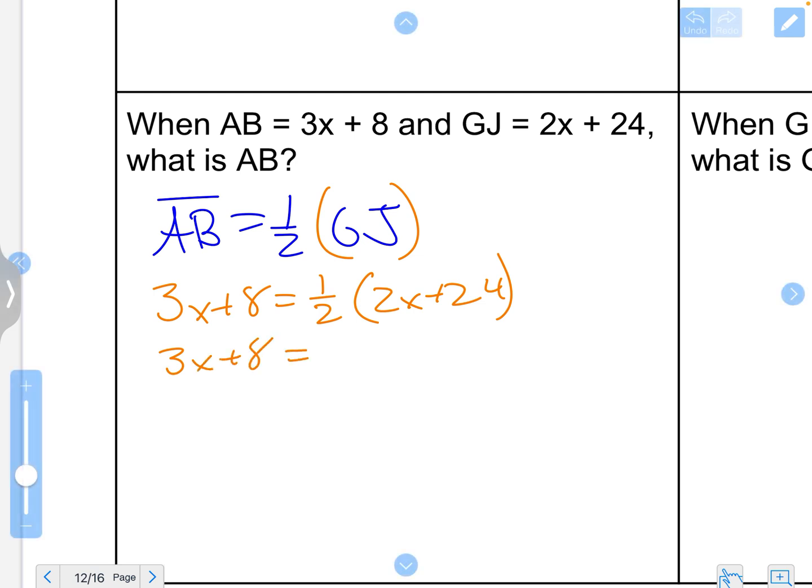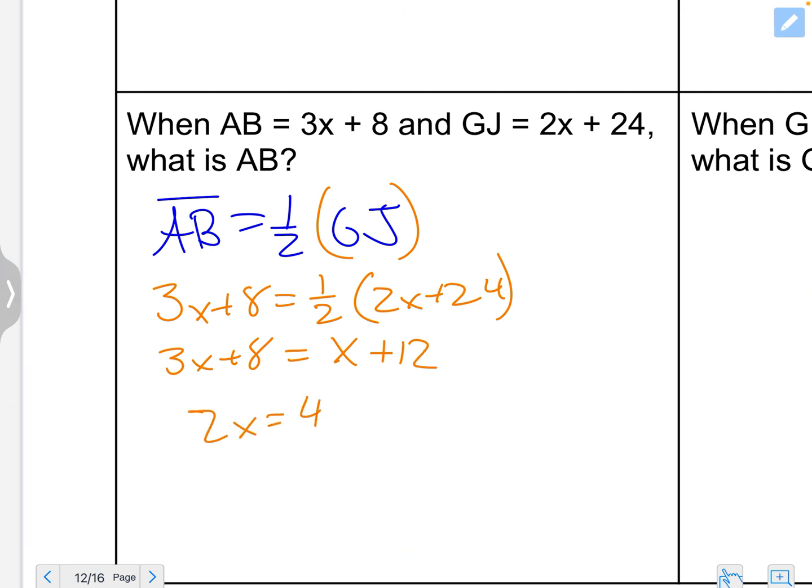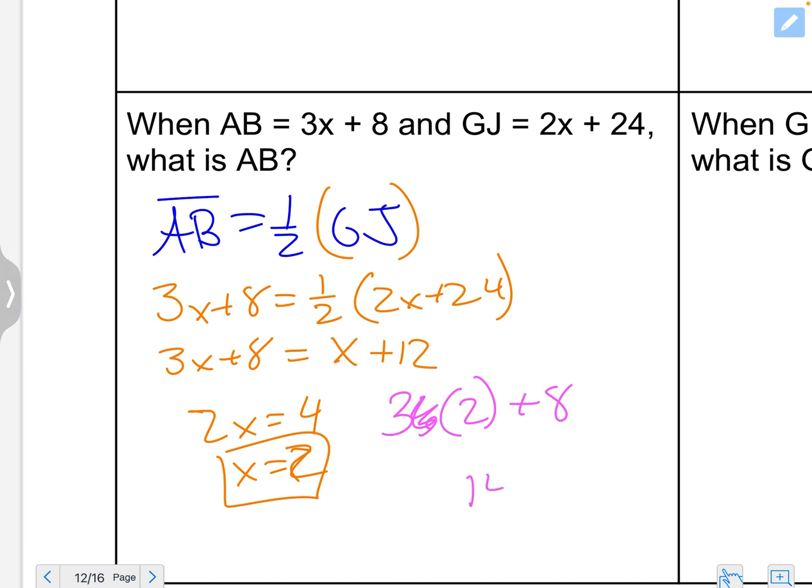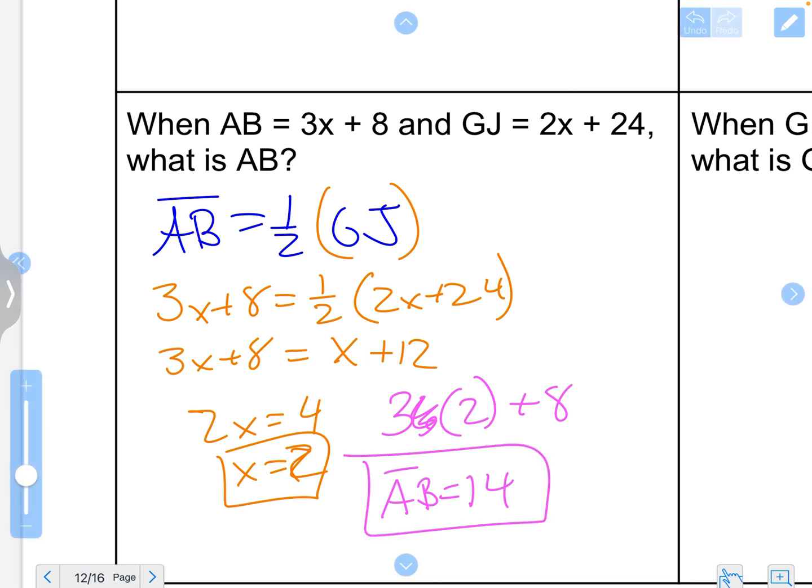Multiplying by 1/2 is the same thing as dividing by 2. So we get 2x equals 4, x equals 2. Ooh, let's write numbers correctly. And then we want to find AB, so we're going to plug 2 into AB. So 6 times 2, 6. Where did I get? Oh, I did the math in my head already. So 6 plus 8 is 14. So AB equals 14.